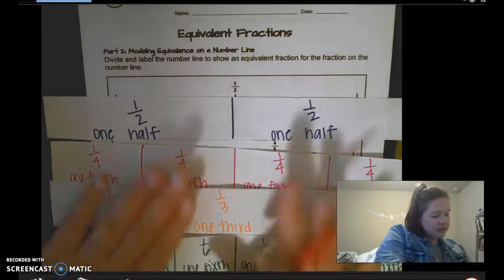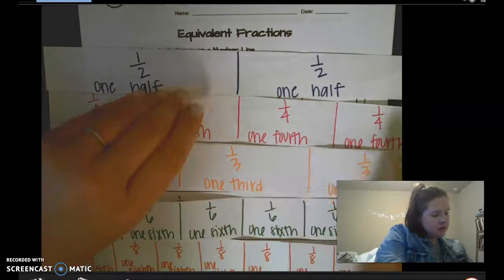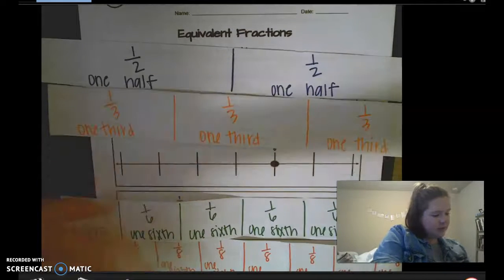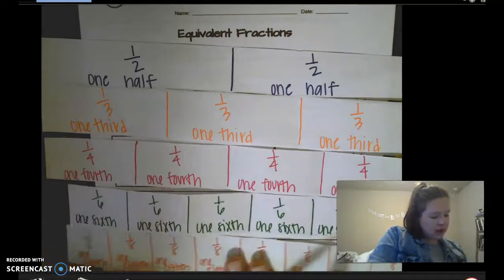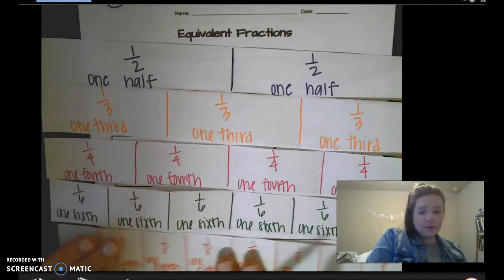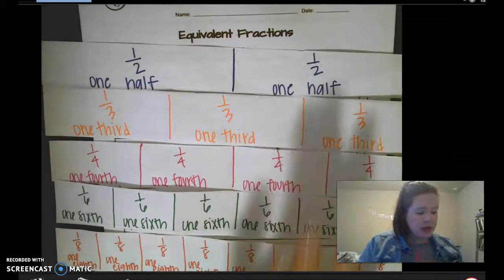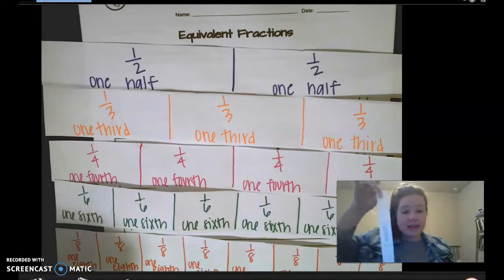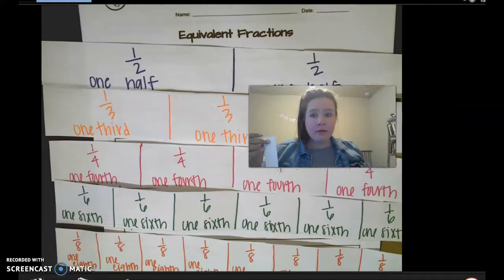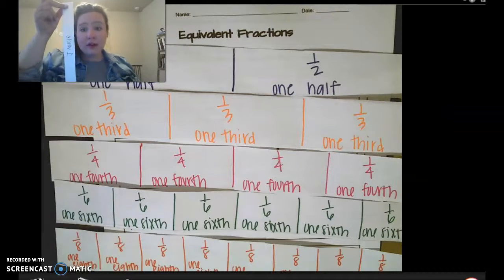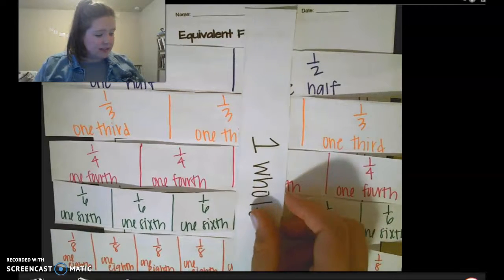I'm going to put my fraction pieces in order. Oops, I made a mistake there. Okay, I'm going to put my fraction pieces in order. And I'm going to use my whole piece to mark off 4/6, where my 4/6 goes.